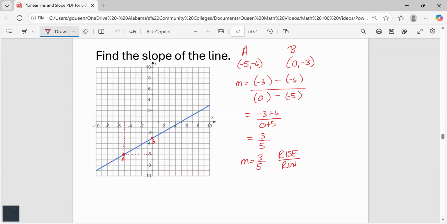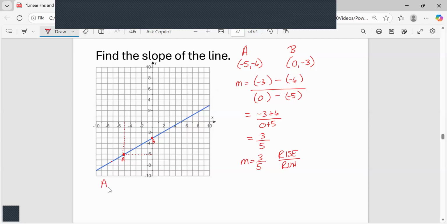All right, so let's say that I start at A and I proceed to B. If I start at A and I go to B, and I am only allowed to travel in my little vehicle on the grid lines of my graph paper, then I have to be able to count. So the run is how far across we go horizontally.